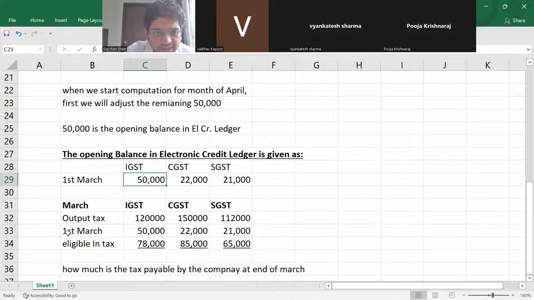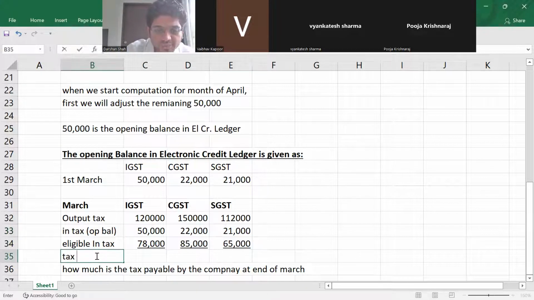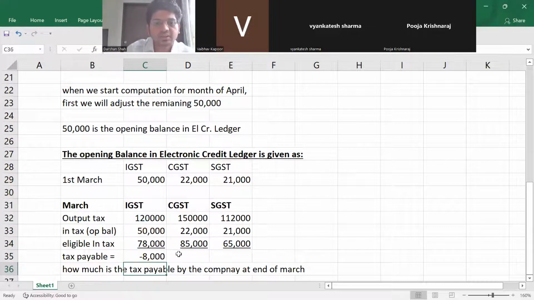This opening balance is also an input tax. So input tax opening balance was given. That also I'll have to adjust. So input tax opening balance was 50, this is 22, this is 21. Correct? So my tax payable will be 1,20,000 minus this, minus this. 8,000 negative.